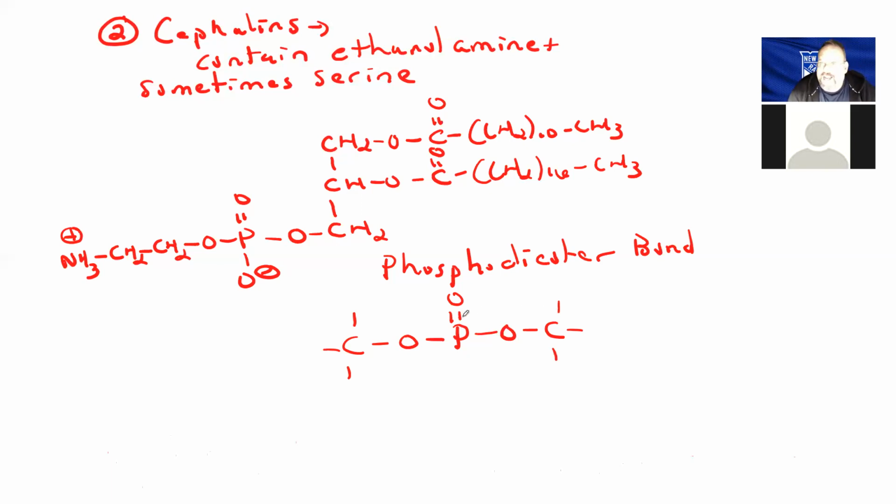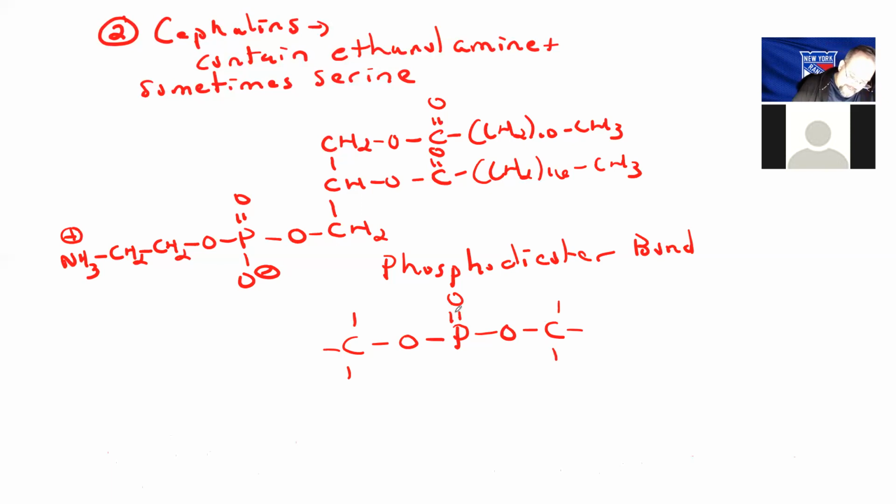For a phosphodiester bond, a P double bond O group is simultaneously involved in two ester linkages: P double bond O OC once, P double bond O OC twice.